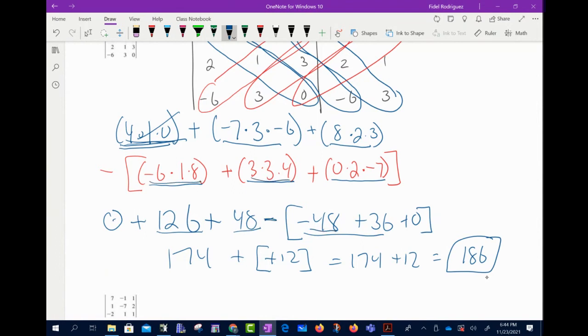That's negative 48, that's 36, that's 0. Then I combine these two together to give me my 174. When I combined these here, it actually gave me a negative 12, right? But remember, minus and minus become plus, and that's where we got our 186.